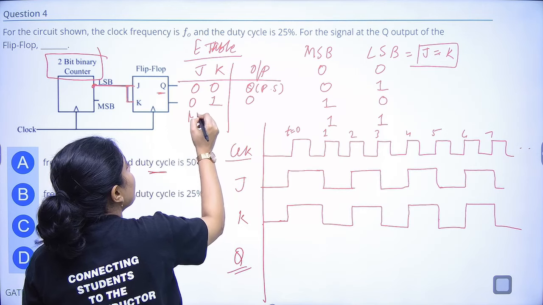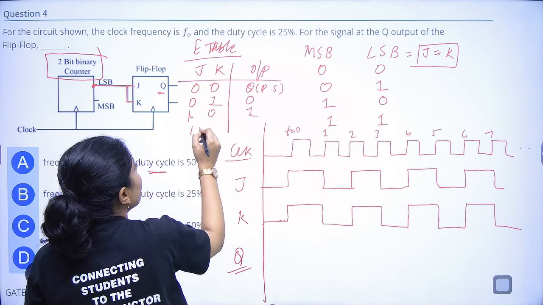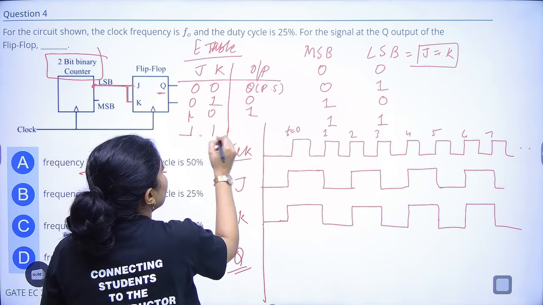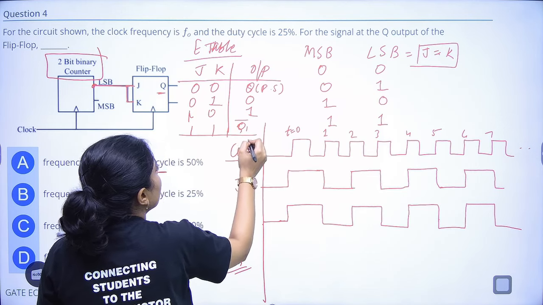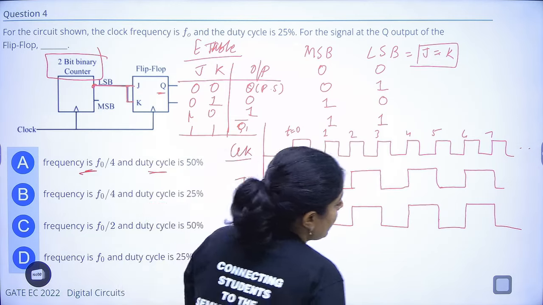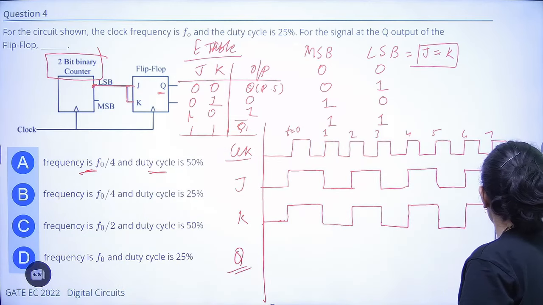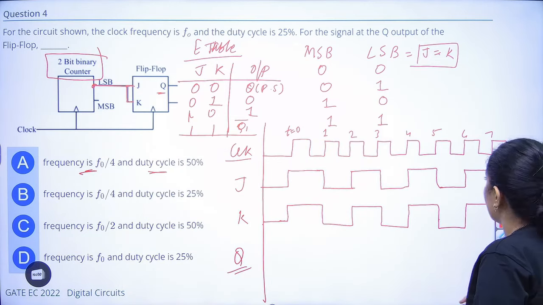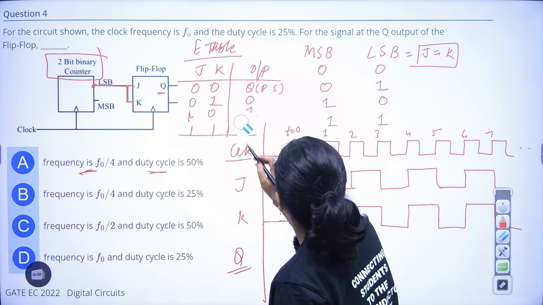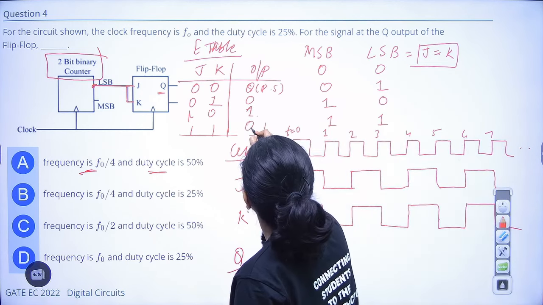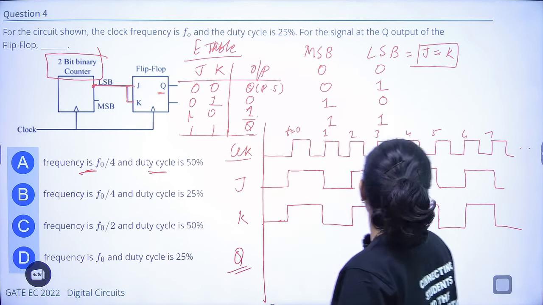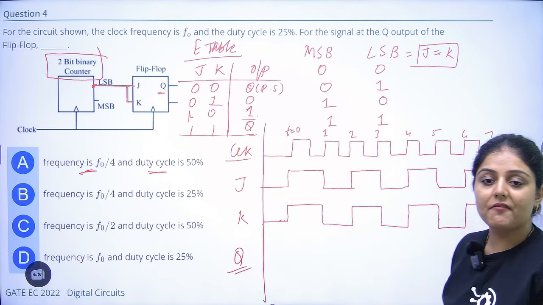When it is 1, 0, the output is 1. And when both are 1, the output is toggle, the next state, Q bar. So this is the excitation table for the JK flip-flop.